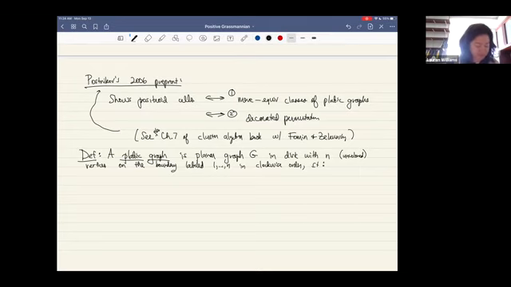And actually, let me draw a picture so that you look at it as I continue with the definition.